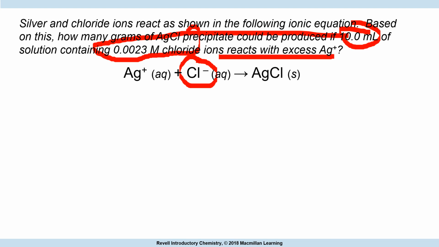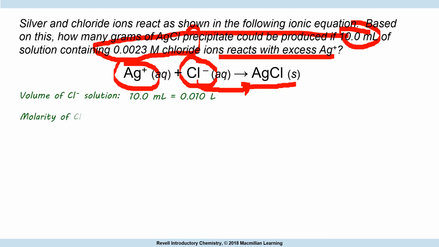So we could figure out the moles of chloride. And then convert to the amount of this formed, which is, look here, a 1-to-1 relation. So if we have 1 mole of this, we're going to get 1 mole of that. Whatever moles we get of chloride is going to give the moles of this, because we have an excess of this. And then we convert from moles to grams, because we're asked about grams.